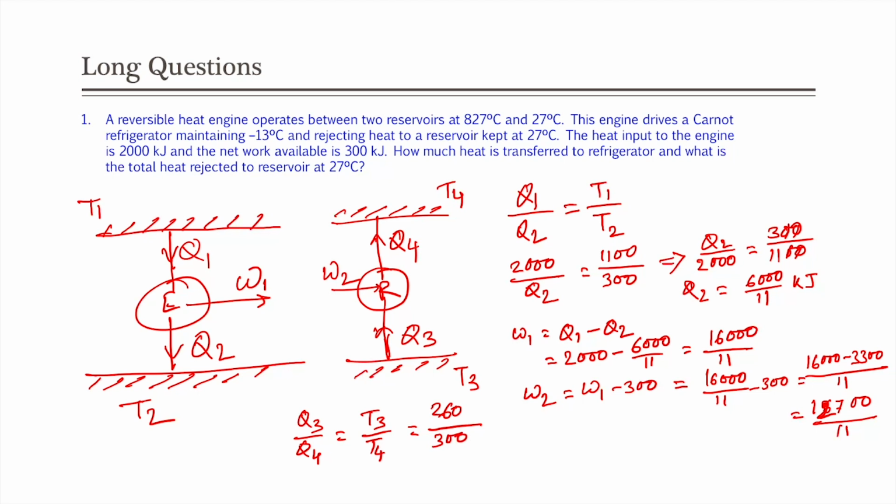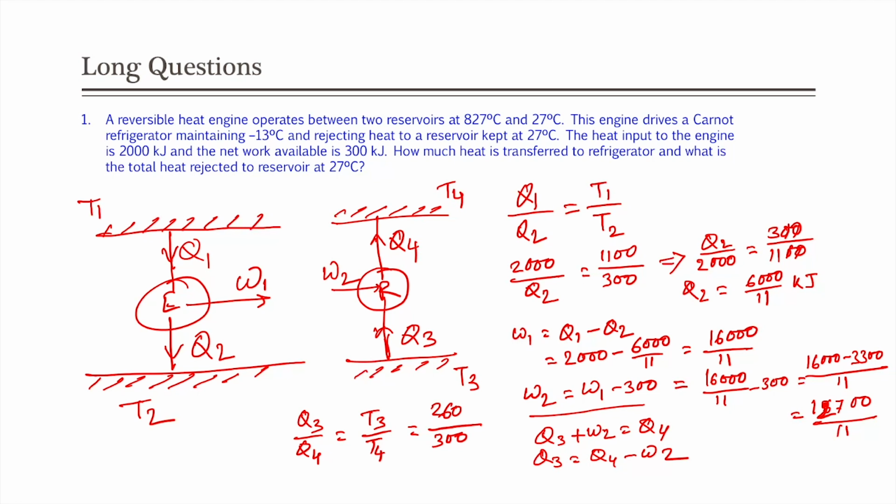So, Q3 by Q4 we also know, and we also know that W2, which is Q3 minus Q4... Q3 plus W2 is equal to Q4. So, therefore, Q3 is Q4 minus W2. So, let us see how I can do that.